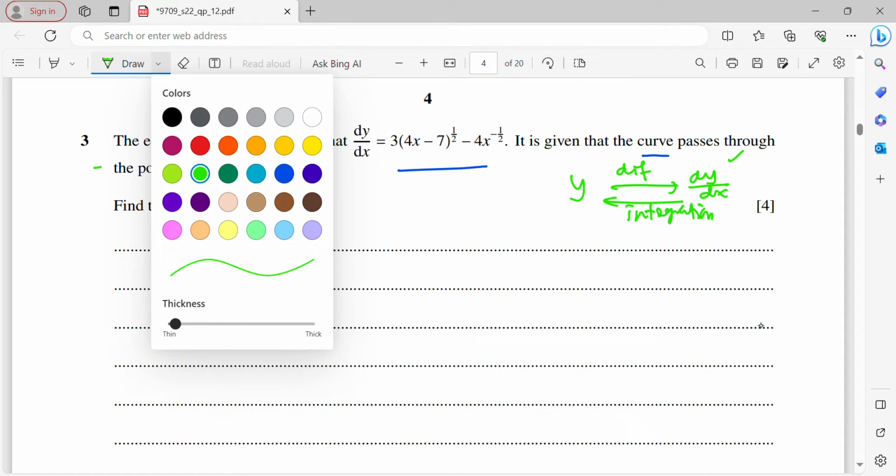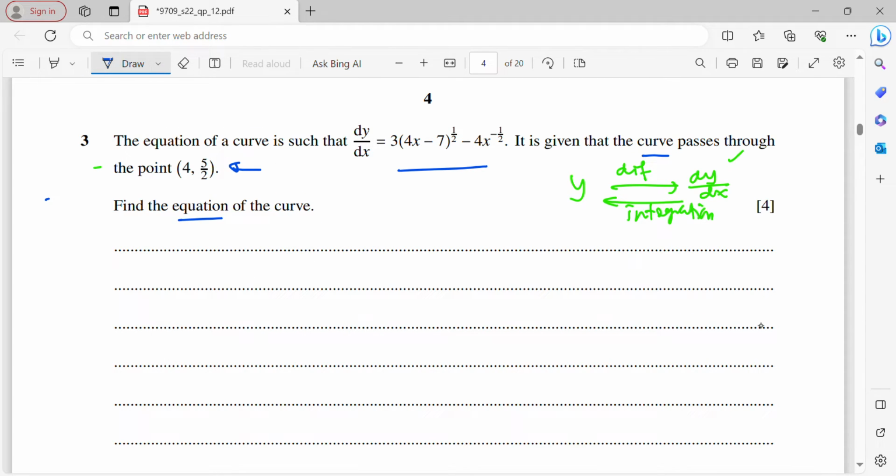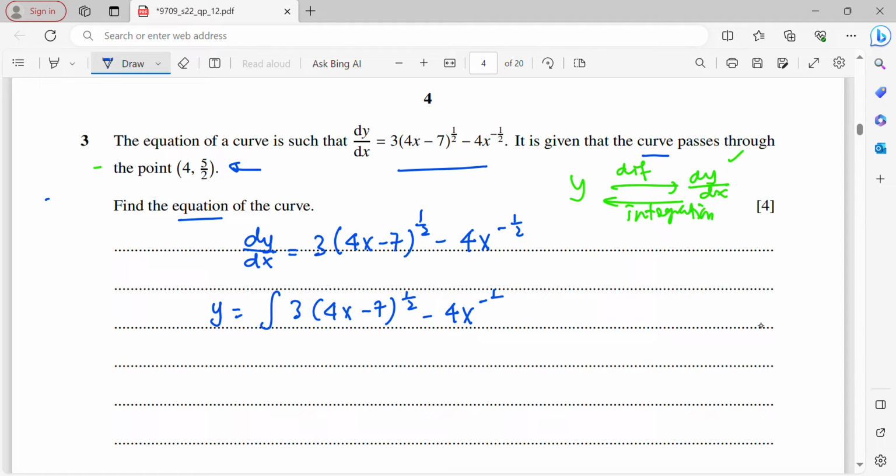Right? So from here, my dy/dx equals 3 times (4x minus 7) to the power of half, minus 4x to the power of negative half. So now my y is going to be the integration of dy/dx.